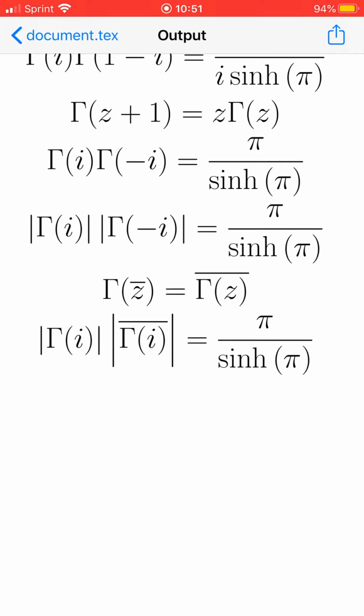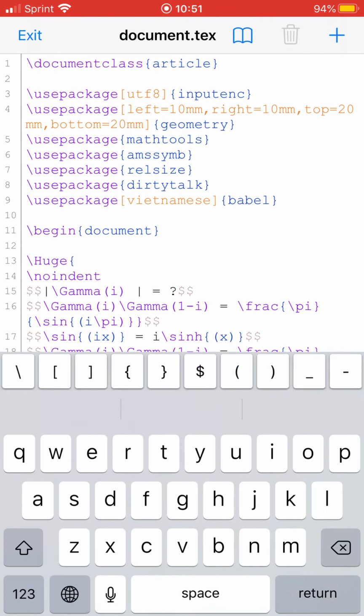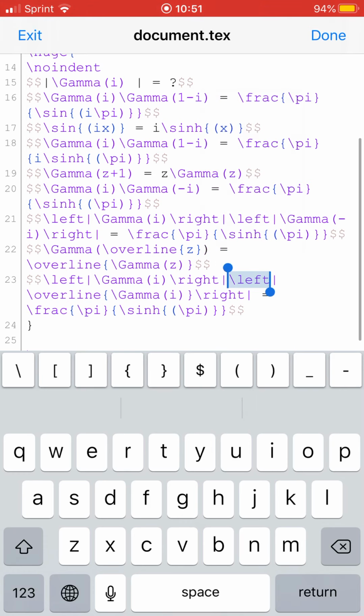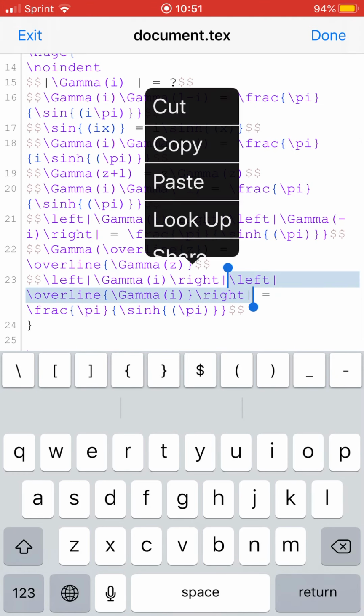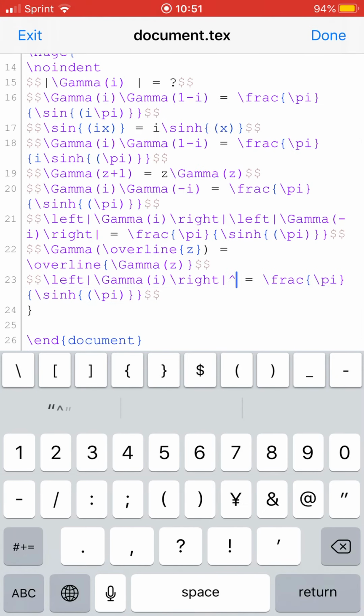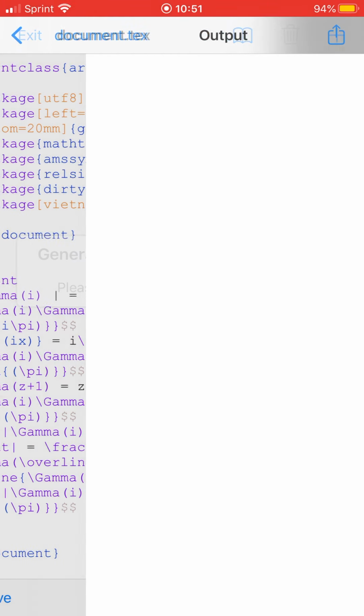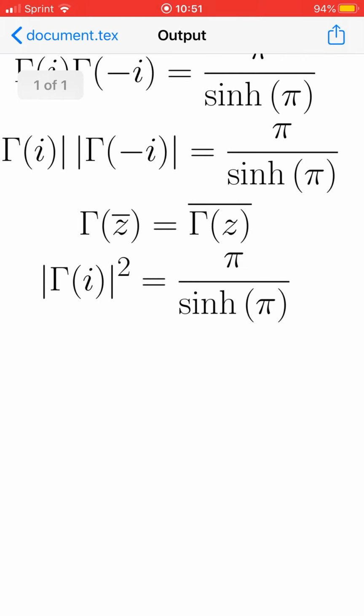So the modulus of the conjugate of gamma of I is equal to the modulus of gamma of I. Then we get the modulus of gamma of I squared is equal to pi over sinh pi.